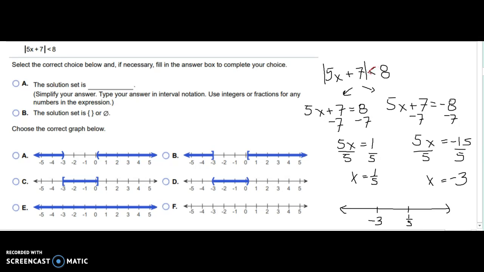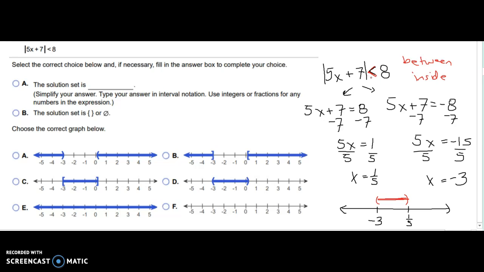This one is less than. For less than, it's between or inside the two values. So if you think less than, little, it's the distance or space between the two values. Because this does not have a line underneath, these both get parentheses.